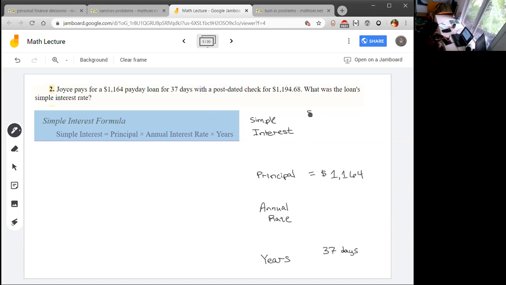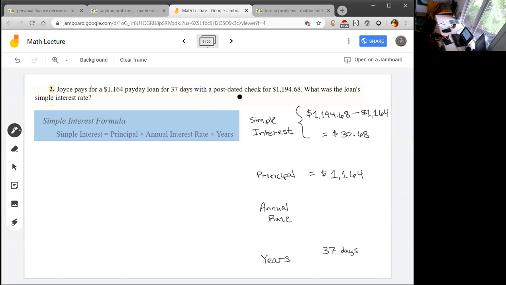So the difference must be the interest. That doesn't look like a 4. There we go. Everyone okay with finding the interest amount?